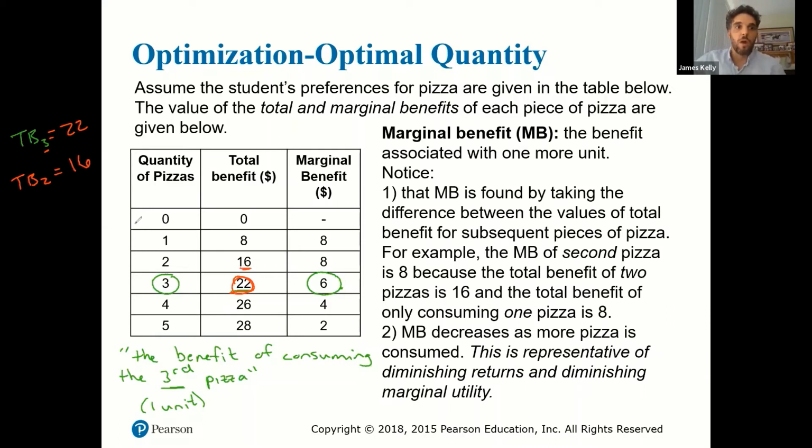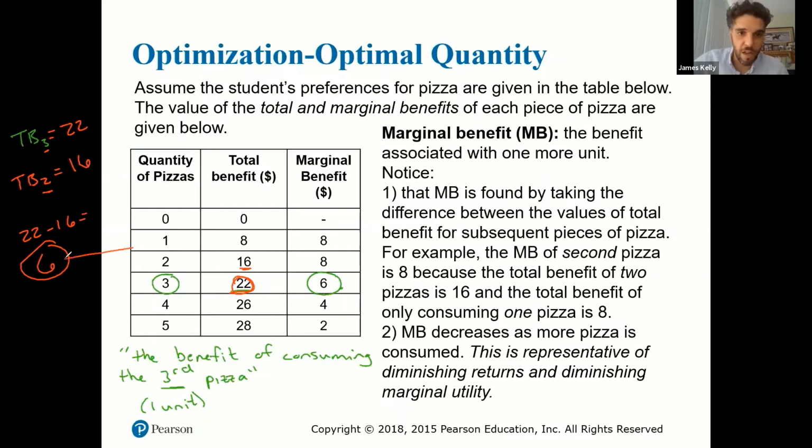So when we go from consuming 2 pieces of pizza to 3 pieces of pizza, the benefit of that third piece increases by 22 minus 16, which is $6 of additional benefit received from consuming the third piece of pizza.